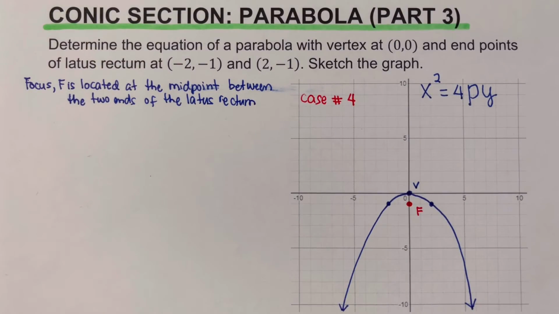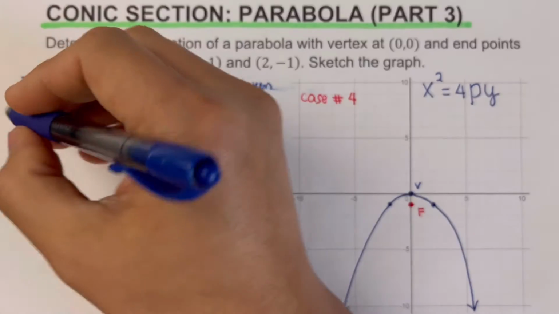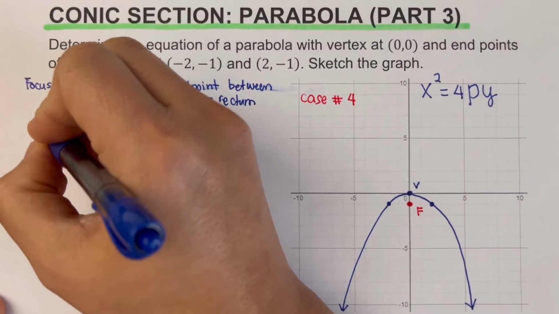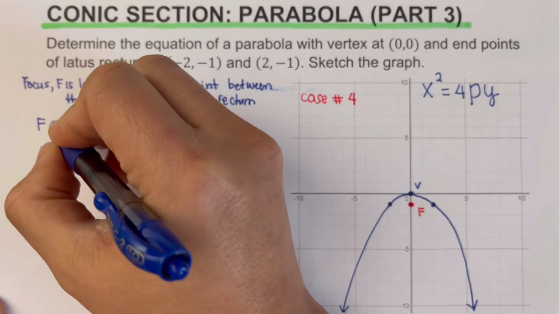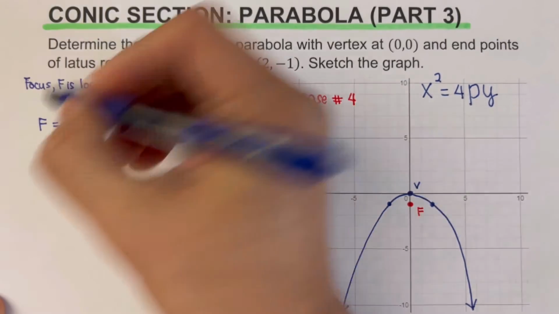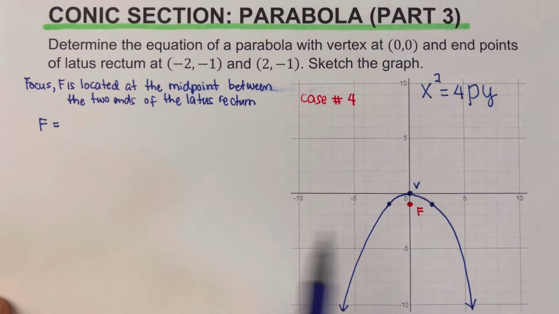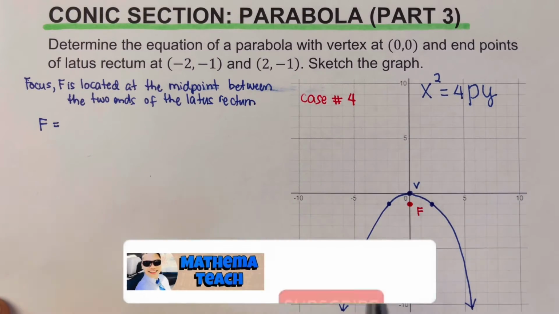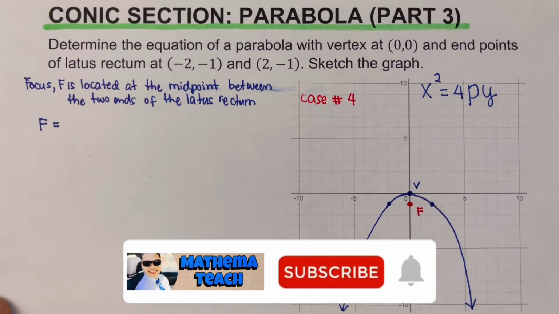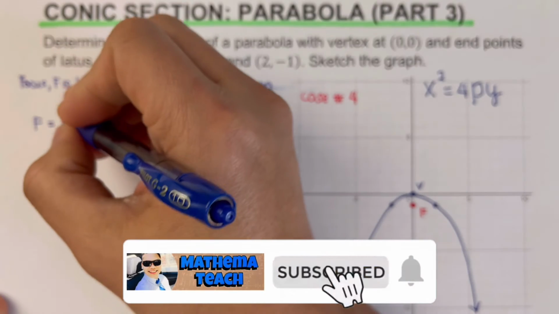We can assign this as point F, which stands for the focus. Since it's the midpoint between these 2 points, we're going to use the midpoint formula. So I'm going to write that midpoint formula up here.